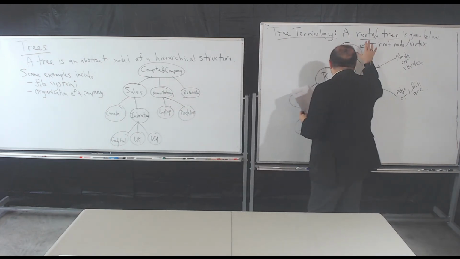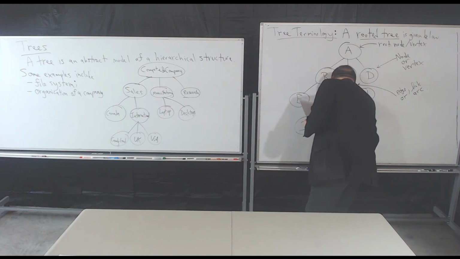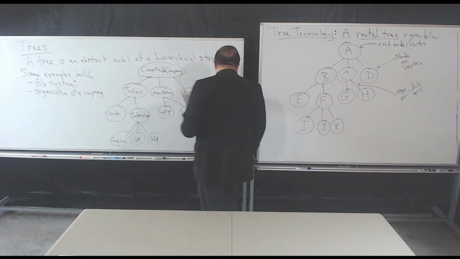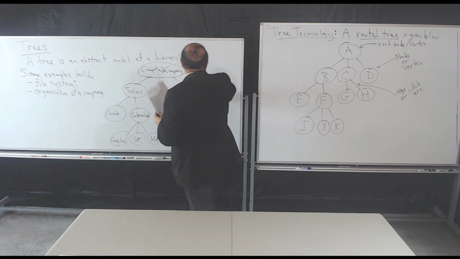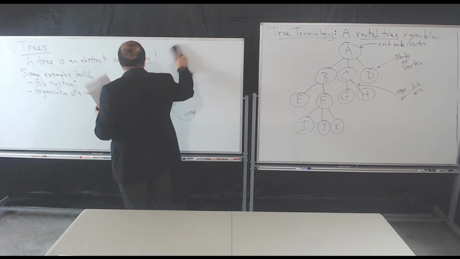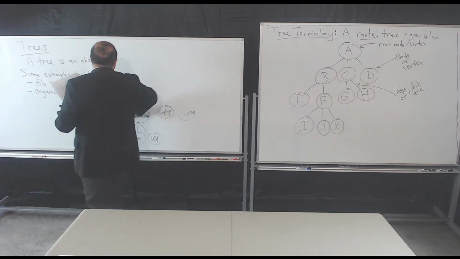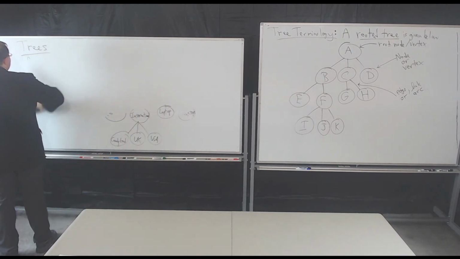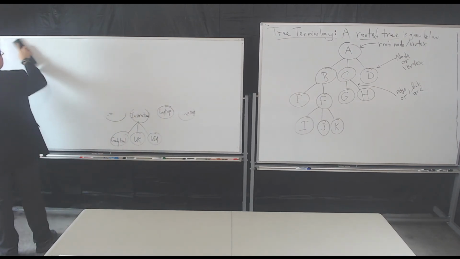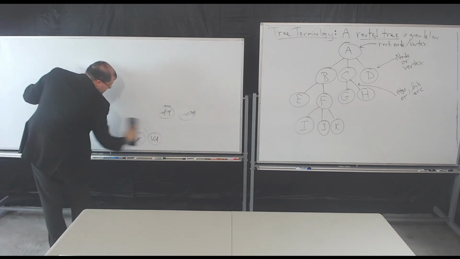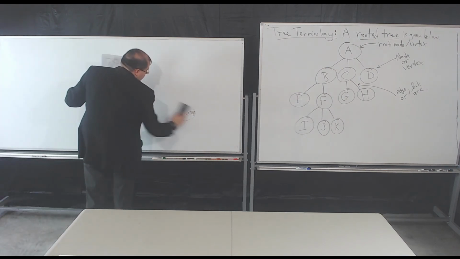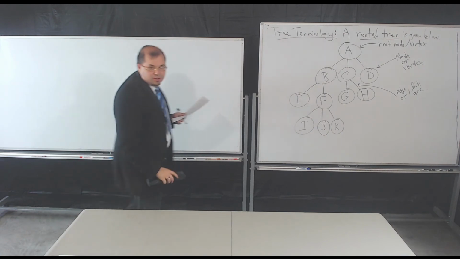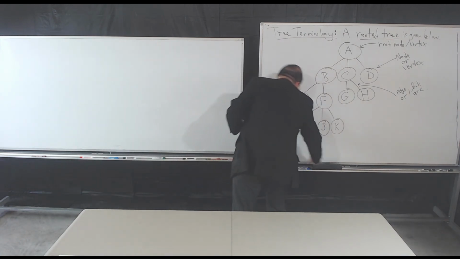So remember, rooted trees have a root that's designated. And then we have the tree consisting of nodes. Those are what all those circles over there are. And the things connecting the nodes are called edges. I'm going to lay out a whole bunch of tree terminology in the last 5 minutes we've got.